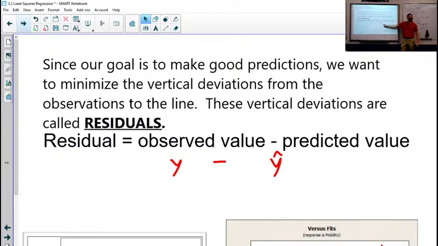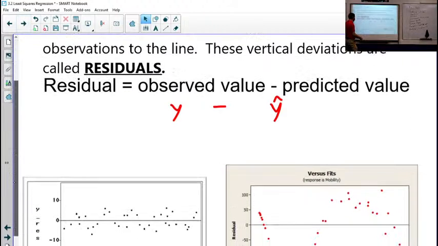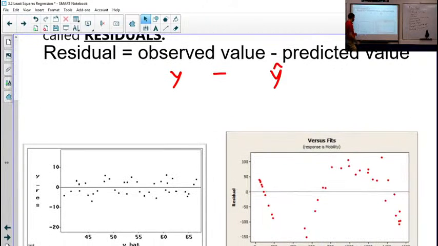Because remember, y hat is my prediction and y is the actual data that I get. And so I can actually make a different plot that we will eventually talk about in the calculator called a residual plot that shows basically a plot of how far off each data point is from the line.